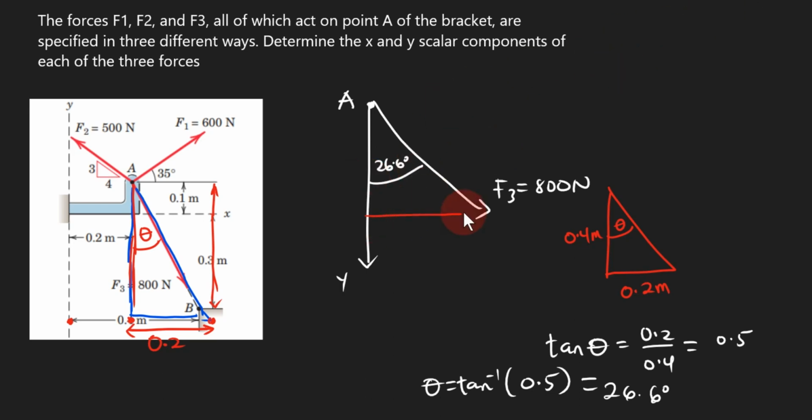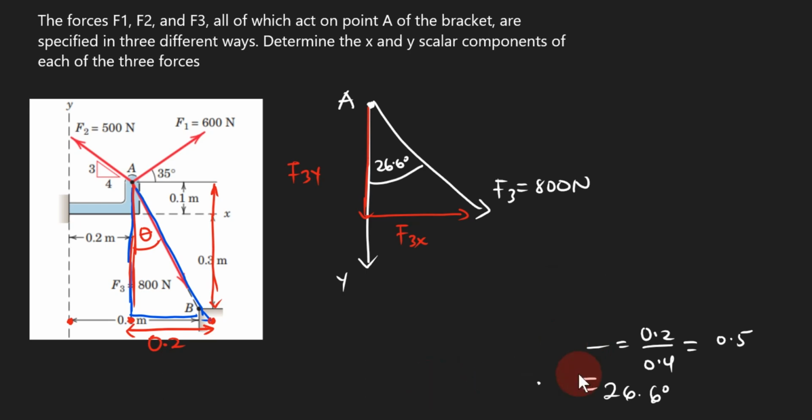This is going to be the x component, which will be F3x, and this will be the y component, which will be F3y. So now what do we do next? All we have to do is find the value of the x and y components. So let's go ahead and look at that.